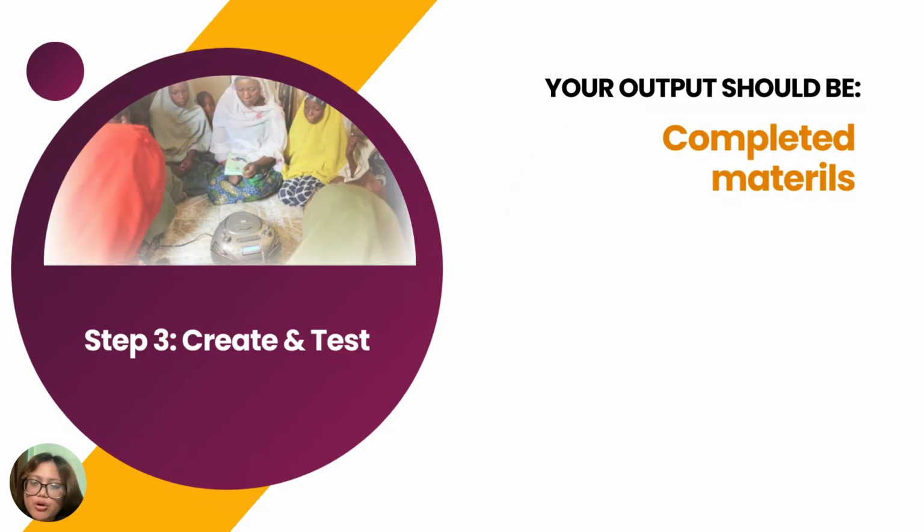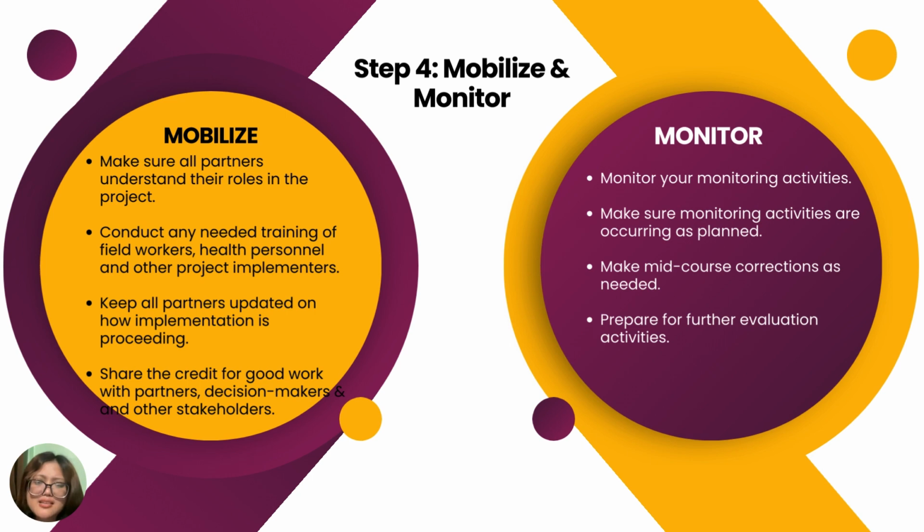The output of step three is basically a package of completed materials that are ready for distribution. This package includes all the communication products developed during the planning process, such as print materials, videos, posters, and any other communication materials.